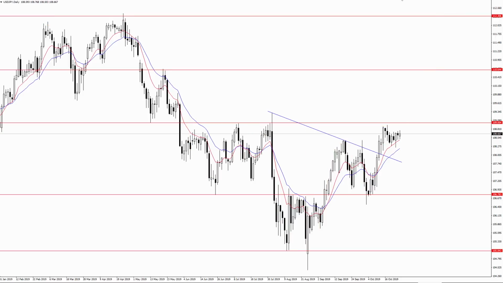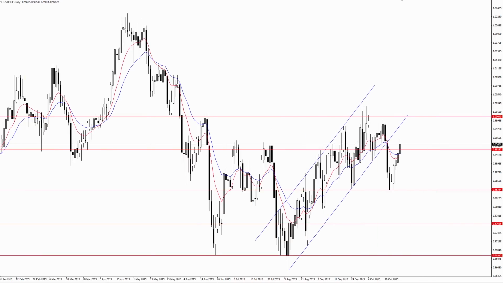Now, if we do see the pair weaken over the next couple weeks and start to break below some of these recent lows within this consolidation, that would be a sign of weakness, and it would also re-expose this neckline. But if the dollar yen is going to continue this rally, I would rather see a break higher out of this consolidation and a close above 109. The longer we go without that, the more vulnerable the pair could become for a break lower instead of higher.